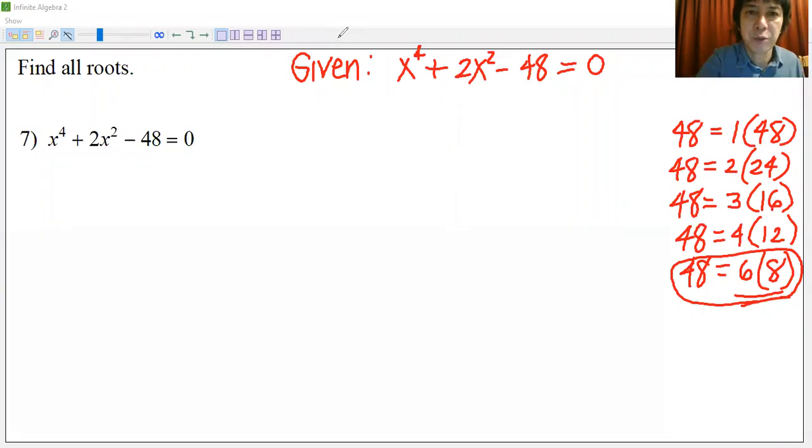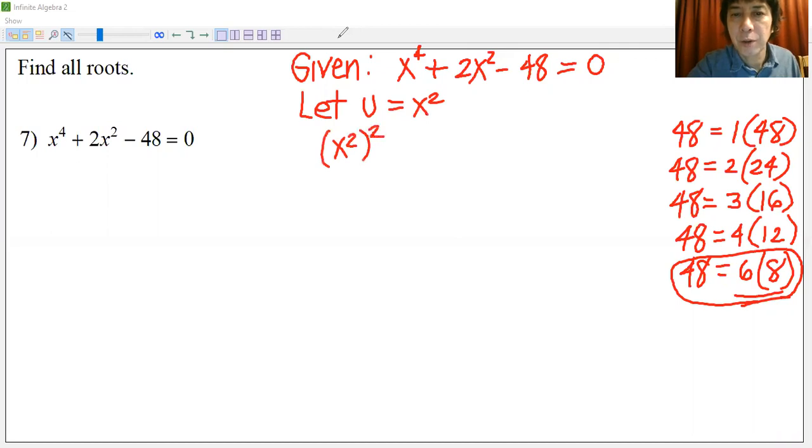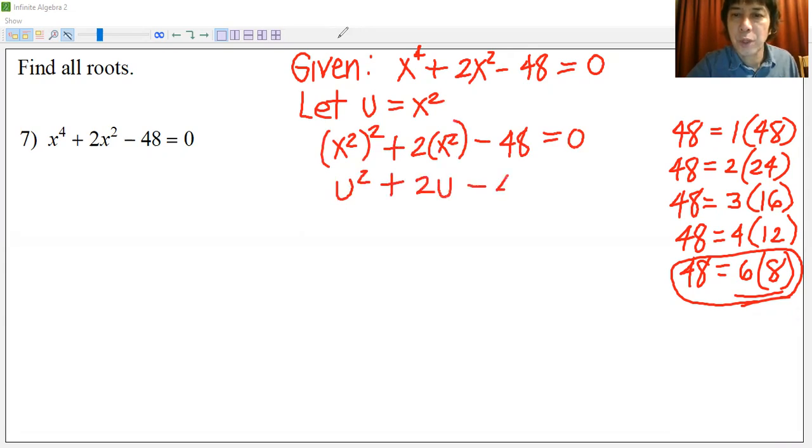We will use the substitution again. Say we let u equal to x squared, and we can rewrite our equation: x squared squared plus 2 times x squared minus 48 is equal to 0. So this is now u squared plus 2 times u minus 48 is equal to 0.